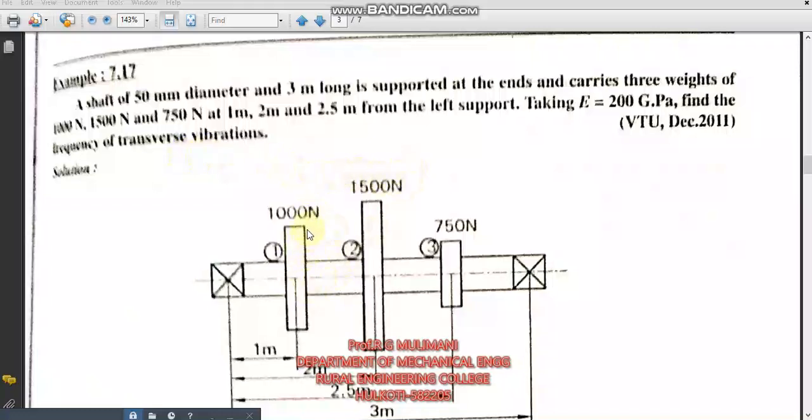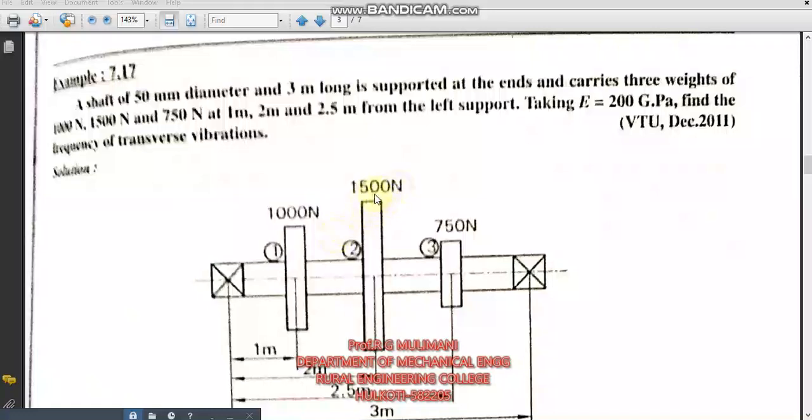As in this problem there are 3 loads, we need to find delta 1, delta 2, and delta 3. How to find delta 1? This weight multiplied by influence coefficient A11 gives us delta 1: 1000 Newton into A11 gives delta 1.